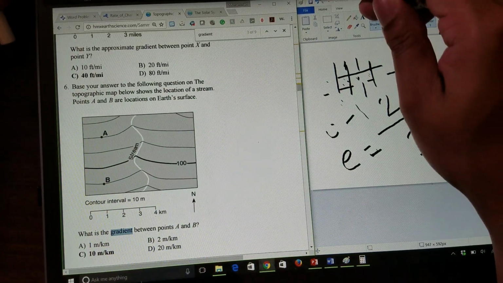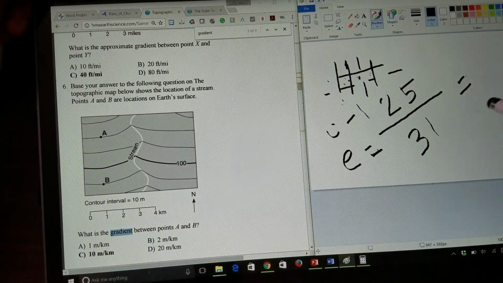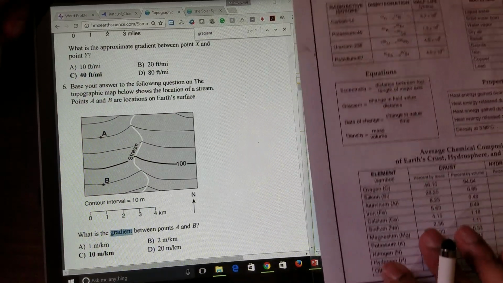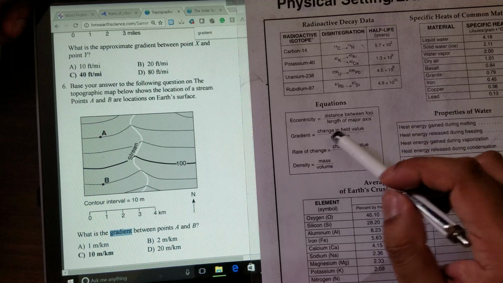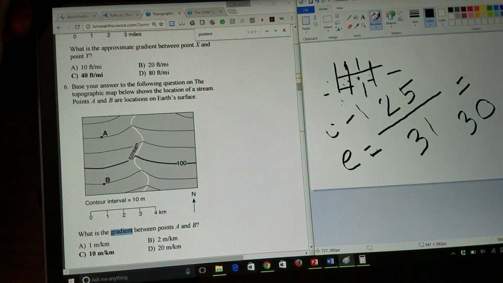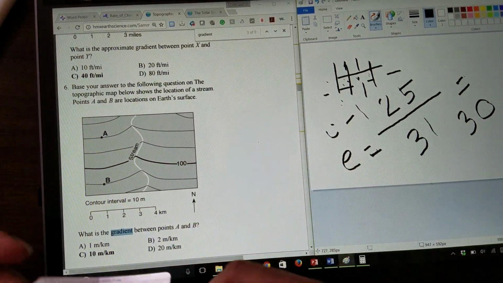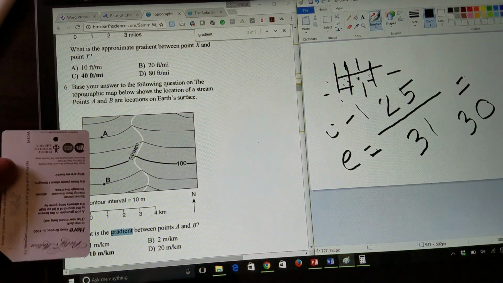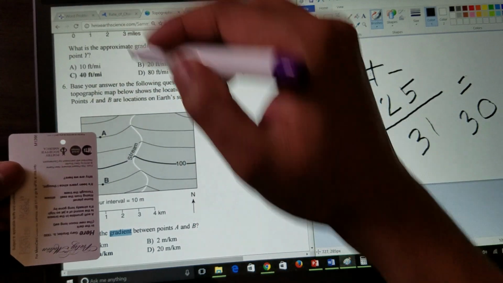So we know that the change in field value is 30. If you look at the equation, change in field value, which is 30, divided by the distance. Now to find the distance, this is drawn to scale, so I'm going to use a metric card. So A to B, what is the distance? From here to here, I can use a small mark.